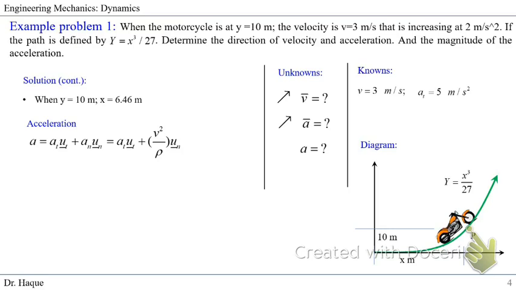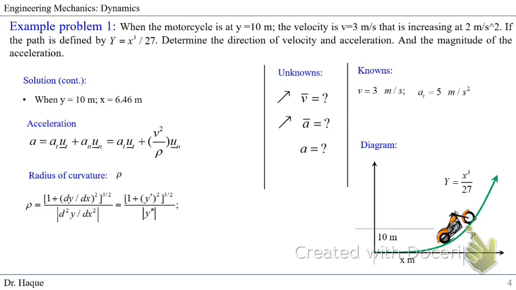Rho is the radius of curvature, and there is a given equation for radius of curvature. You can see the derivation of this in any math book. But for now, just know that the equation to find the radius of curvature is 1 plus dy over dx whole squared, all to the power 3 by 2, divided by the magnitude only, so positive, of the second derivative of y.